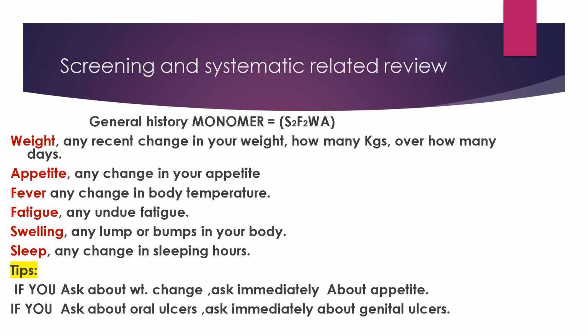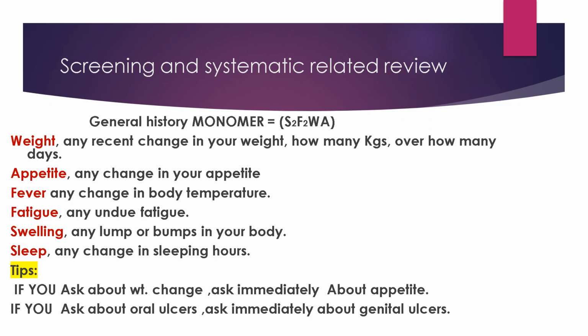You can start your general screening by asking about the general history, and in the general history I put a monomer for you which is S2F2WA. The S stands for swelling and sleep, and the F stands for fever and fatigue.